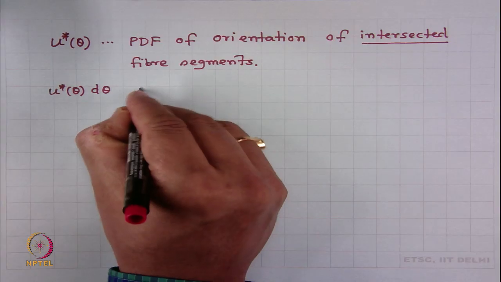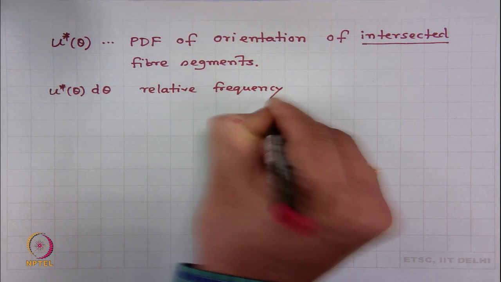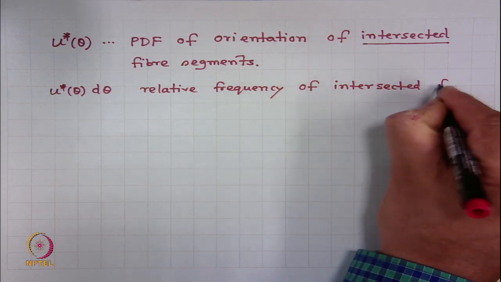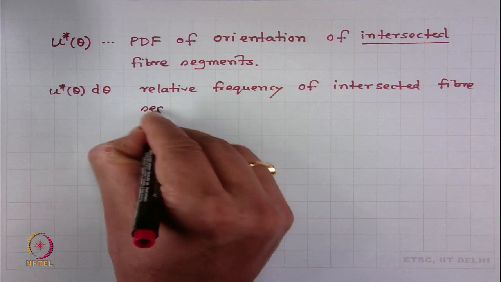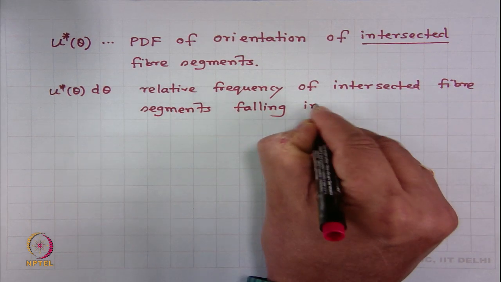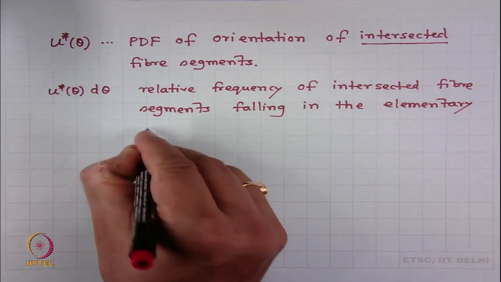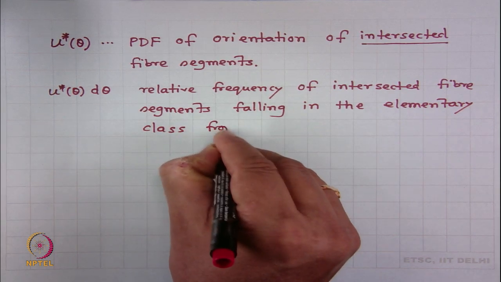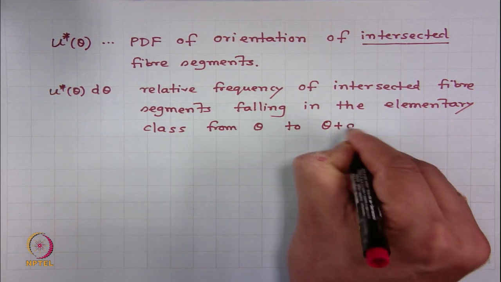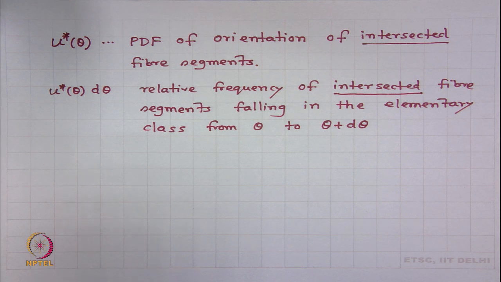Relative frequency of intersected fiber segments falling in the elementary class starting from theta to theta plus d theta, intersected.